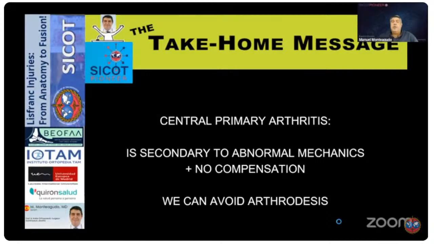So if it is secondary to abnormal mechanics, we can restore mechanics. We can avoid arthrodesis in most of these patients. So Lisfranc arthritis does not always equal the need of performing an arthrodesis in all of our patients. Thank you very much.